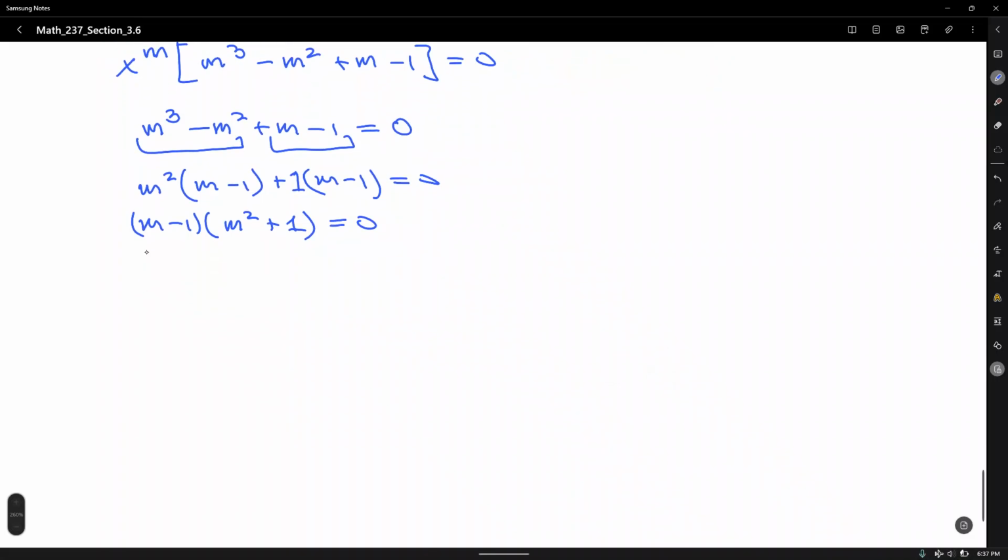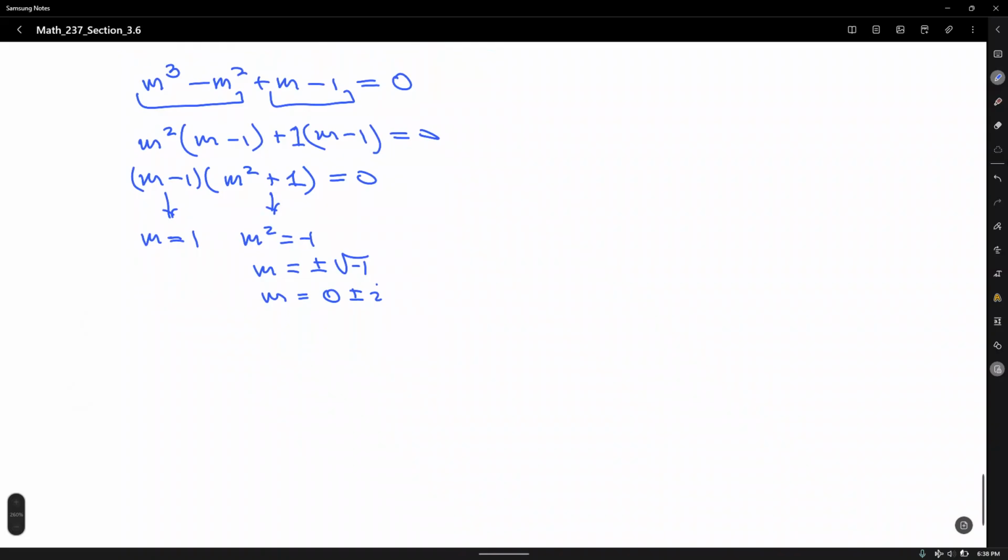So using the zero product property, m equals 1 and m squared equals negative 1. That is m equals plus or minus the square root of negative 1, which is plus or minus i, which again I'd rather write like 0 plus or minus i. All right, so in this case we have two cases in the same solution.